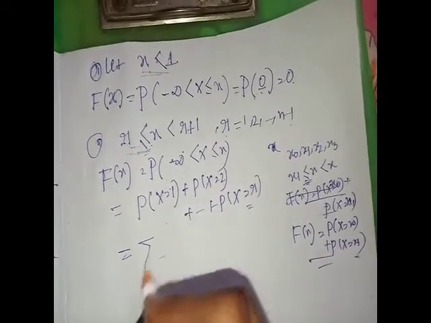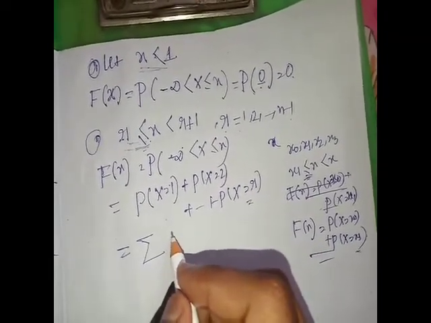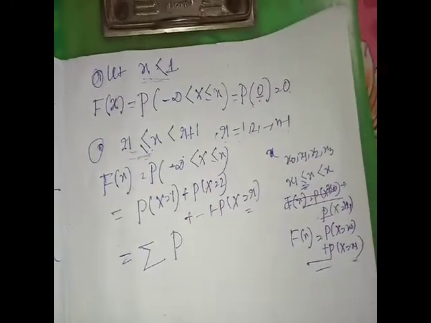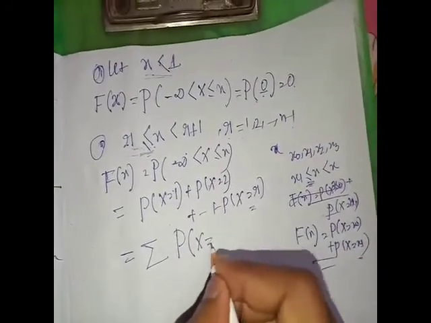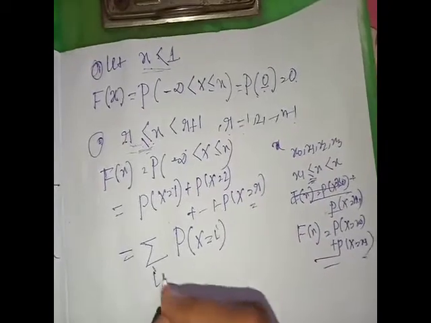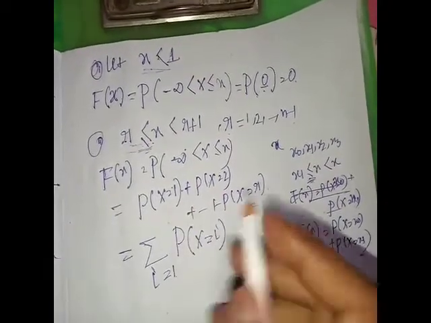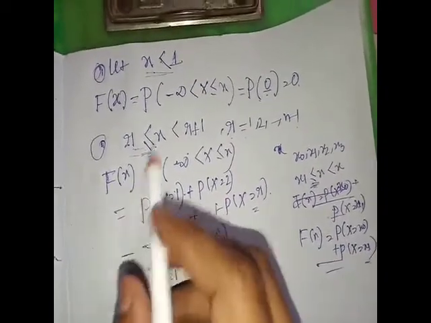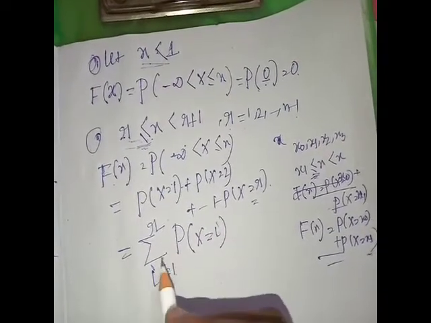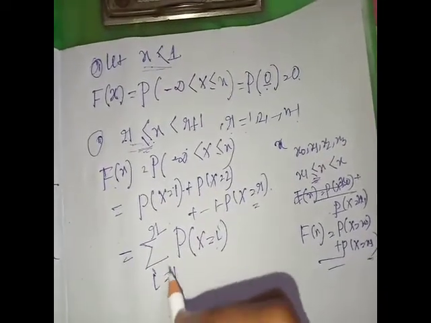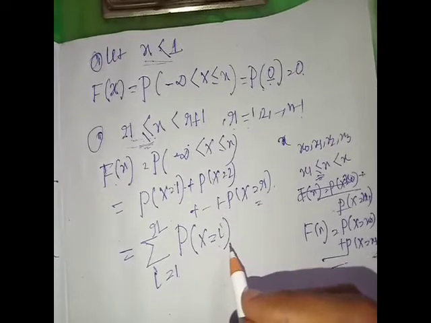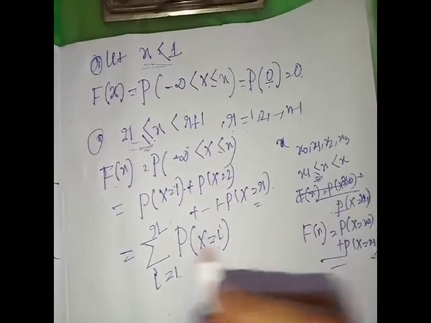That is, the summation of the probability of X = i, where i runs from 1 to r. In this case, the distribution function is the summation for i equal to 1 to r of the probability of X = i. Since P of X = i is (n+1)/n times 1/(i(i+1)), we put the value for i from 1 to r.